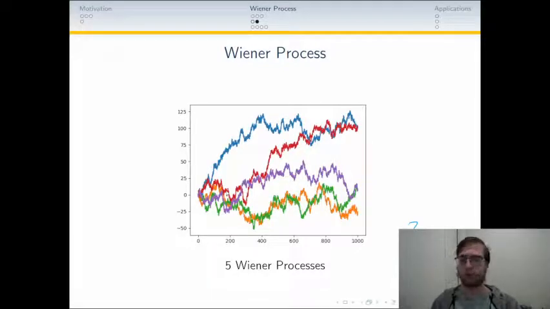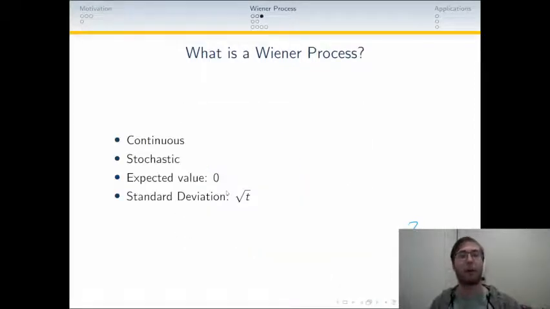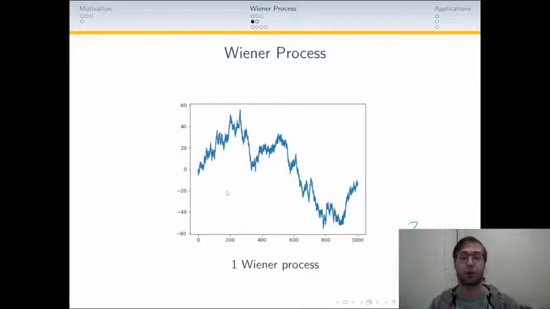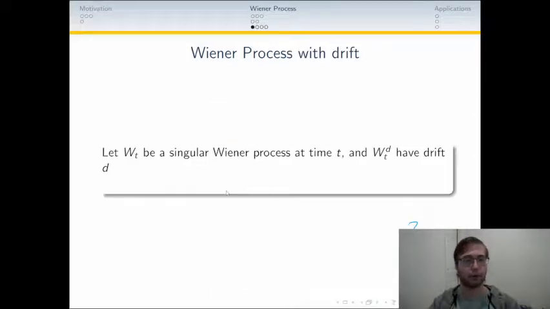Okay? So, now that we have an idea of not only the properties of the Wiener process, which are very similar to the properties of a random walk that we established earlier, we also have a visual intuition for what a Wiener process could look like. We can discuss some variations of the Wiener process.